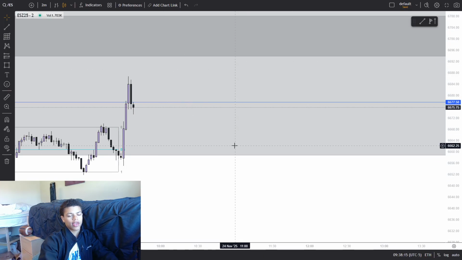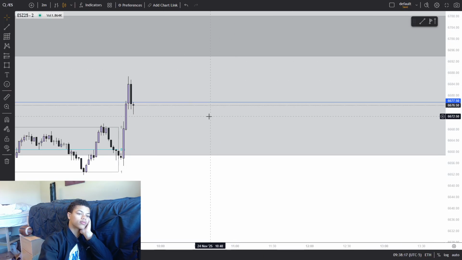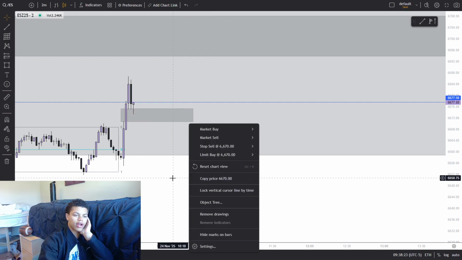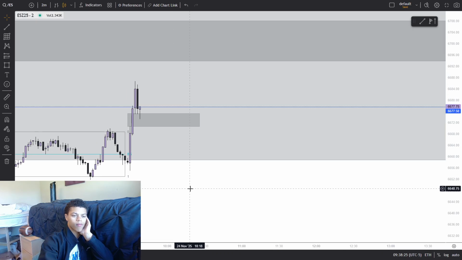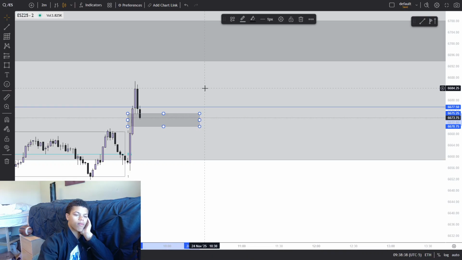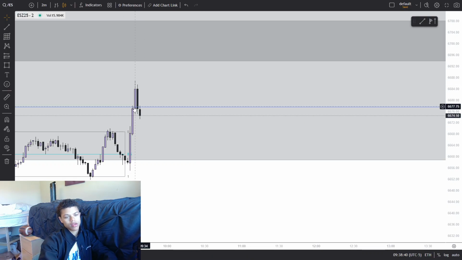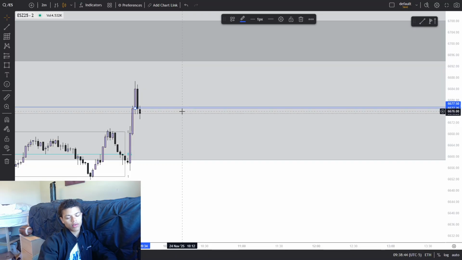I feel like this is a fake out to our move. I would like to see us respect this gap right here and push higher. Not really sure I can consider this equal lows yet.